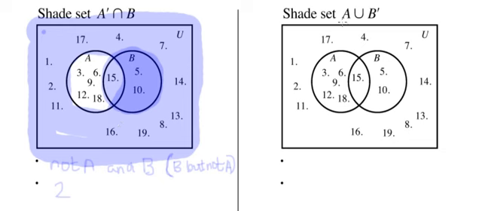Let's see how much worse these can get. A or not B. So they're saying being in set A is all right, or not being in set B. So now I'm avoiding set B and coloring everything else.